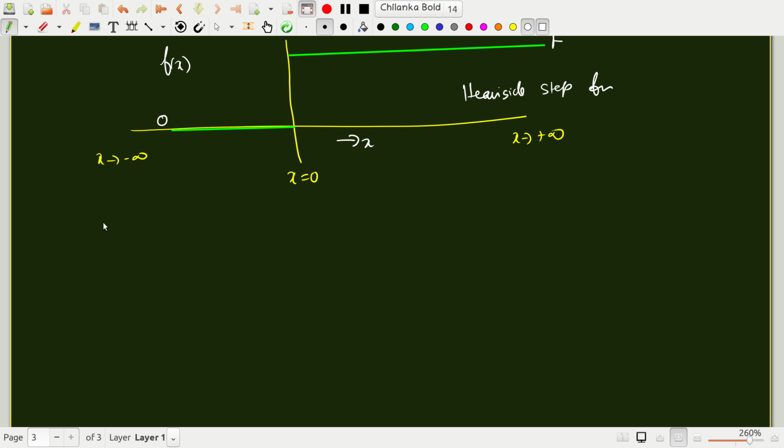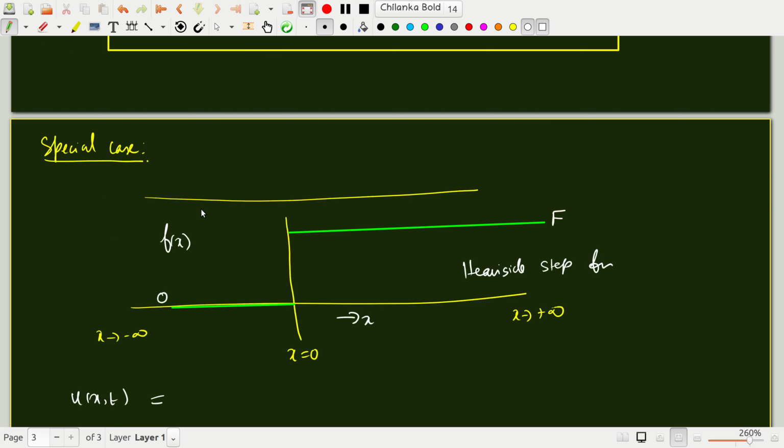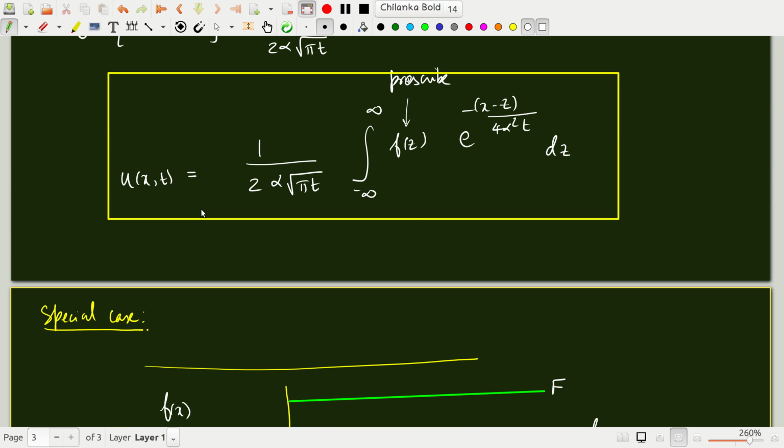So my u of x,t will therefore become, for x less than 0 there is no value of the initial condition, so I have to integrate the integral that we just wrote down only from z equal to 0 to infinity. Minus infinity to infinity, the answer is 0.